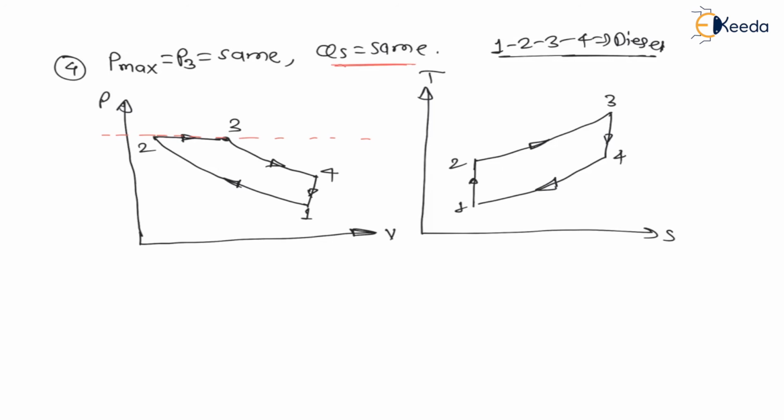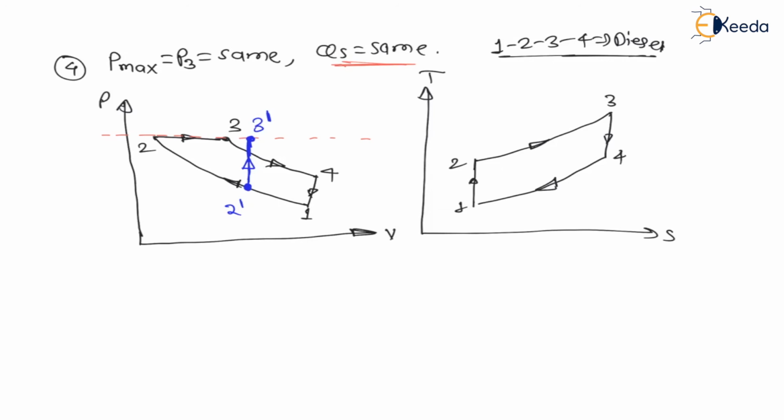Heat supply is the same. So my dear students, if I draw the Otto cycle, for maximum pressure constant, the point 3 dash may be somewhere here. Let us say this is 3 dash. Now 2 to 3 dash is constant volume heat supply, therefore there will be a 2 dash somewhere here, definitely, right?